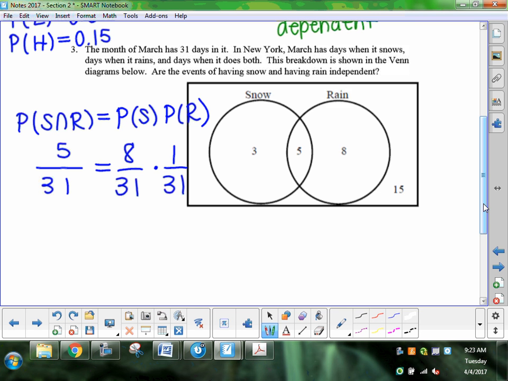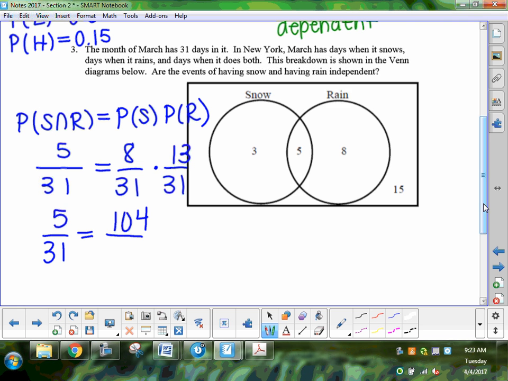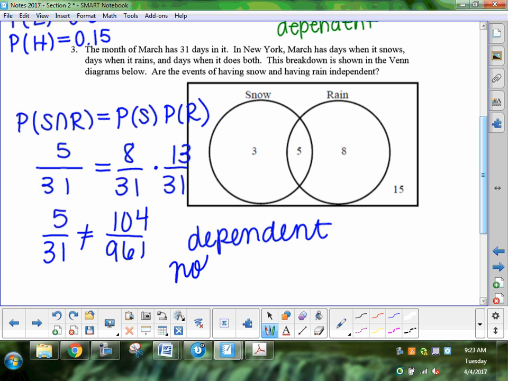What is it? 13? Now, it's all right. So let it slide. Now we multiply those, and what do we get on the right-hand side? Last time I checked, 5 over 31 is not equal to 104 over 961. Are those equal? So are they dependent?